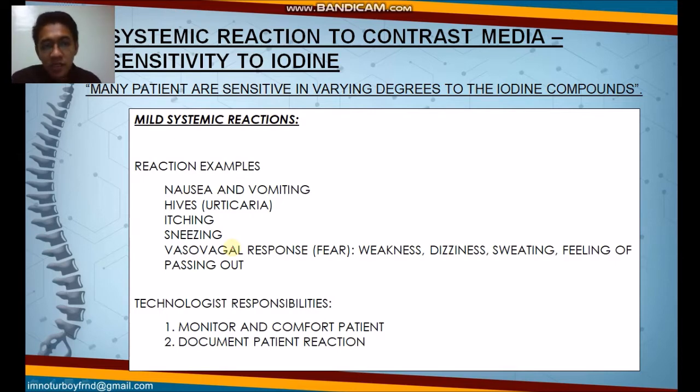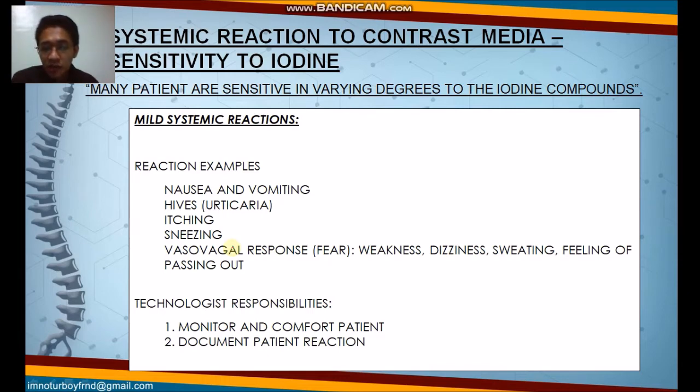If these reactions are noted by the rad tech, these are the rad tech responsibilities: number 1, monitor and comfort the patient, and number 2, document patient reaction.